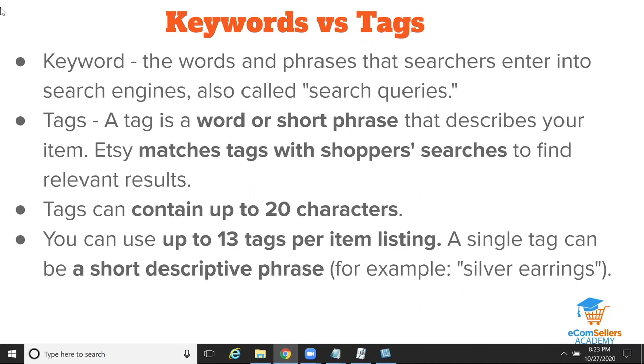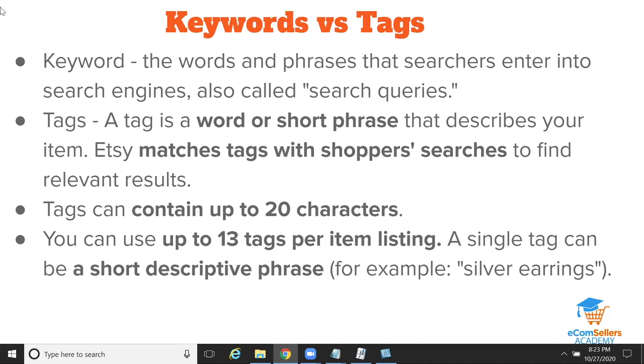Tags are short phrases that describe your items that Etsy uses to match with the shopper search. So on Etsy, you can have 13 tags per item per listing. And you want to make sure that you're using words that would help your item be put in front of your customer when they're searching.